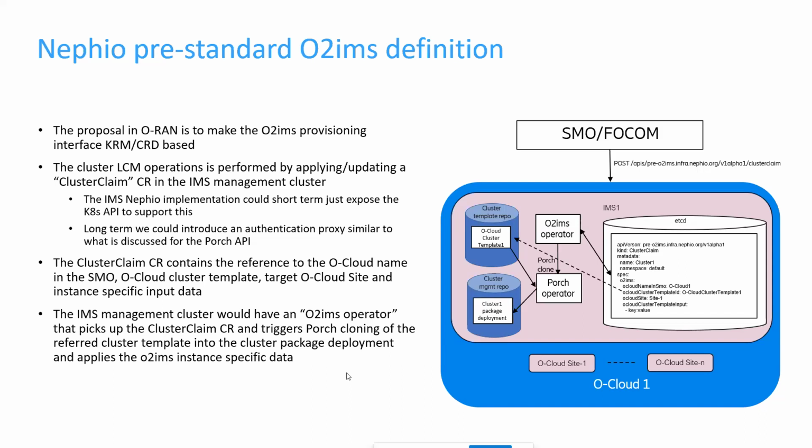And then, the OCloud name in SMO field. I'm a bit puzzled about it. What value does it bring when I'm in the IMS? I'm not sure about that specific field. The cluster template input, I don't have any issue. Which one? The site?